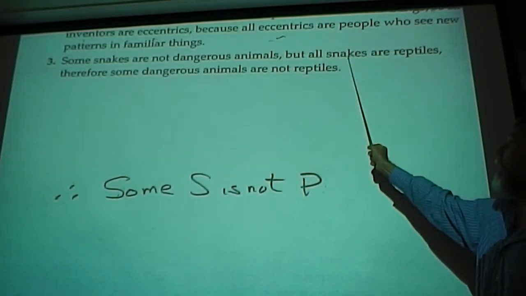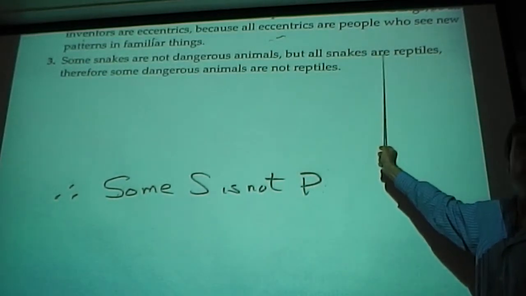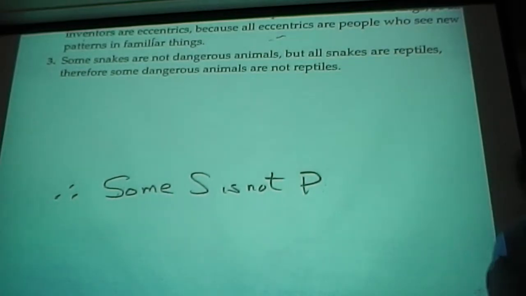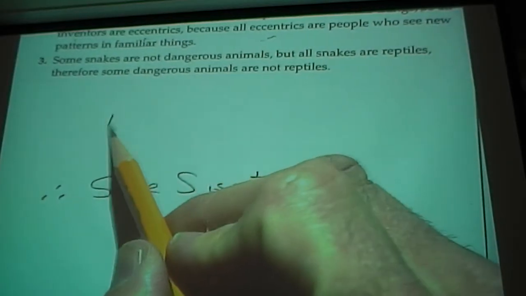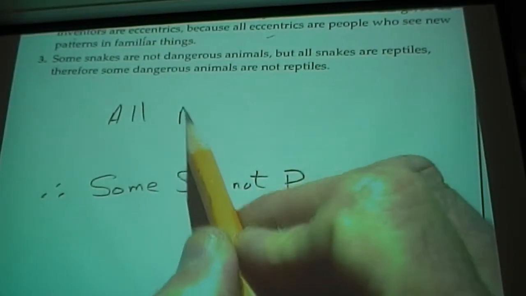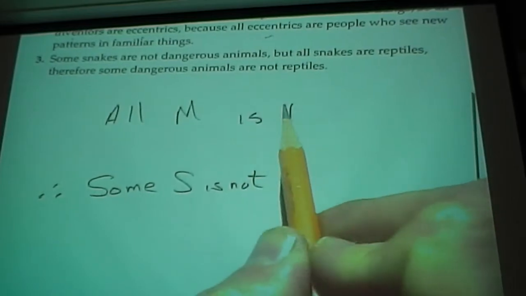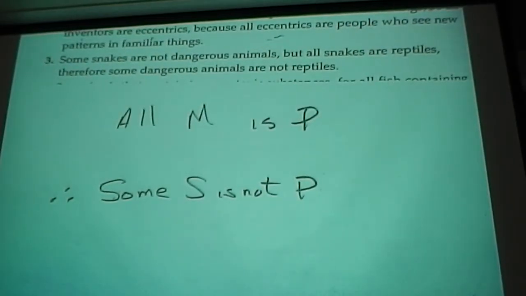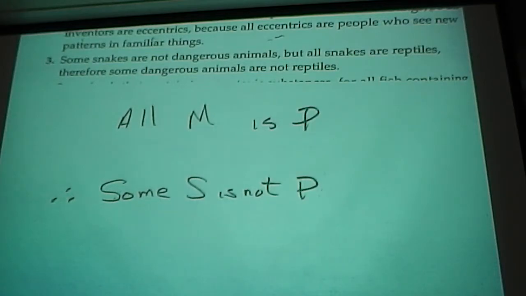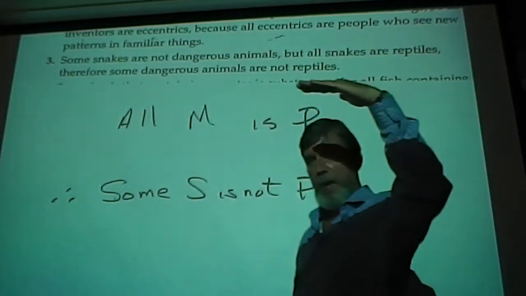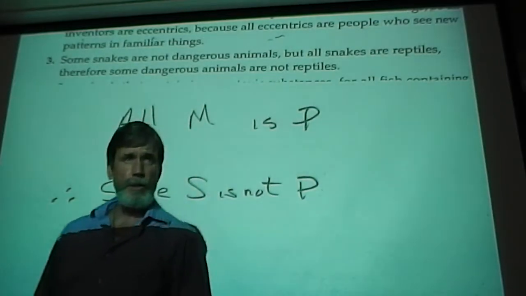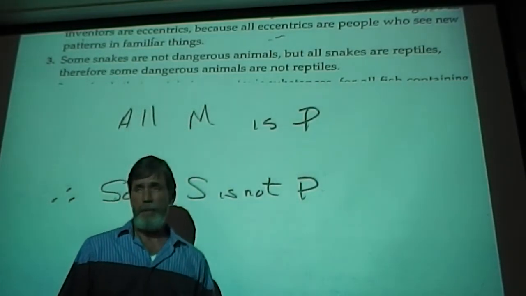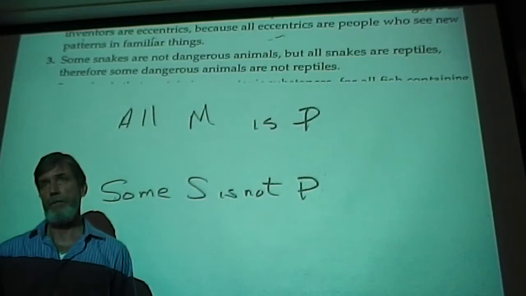All M is P. Don't forget to write the major premise on top of your translation. We have to order it correctly. That's major premise, minor premise, conclusion.